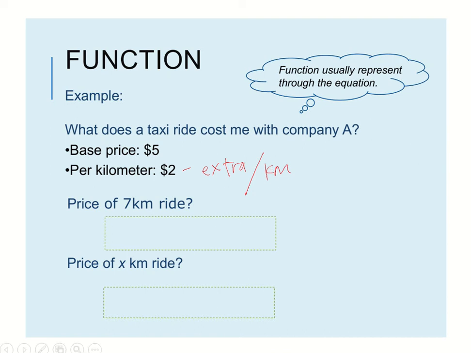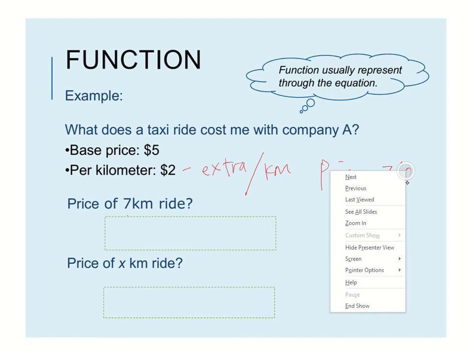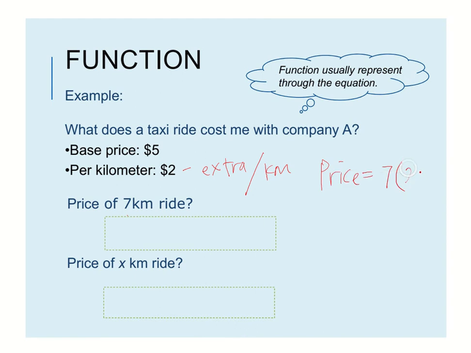If you have a 7 km ride, what is the price? The price will be 7 km multiplied by $2 per km.